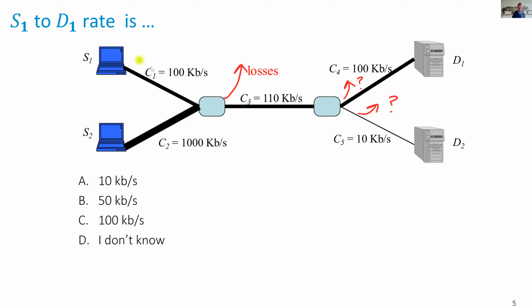So even if we lose here 50%, there is still benefit from S1 sending 100 kilobit per second and dropping 50%. Presumably S1 will repeat a lot of packets to achieve whatever goal it has, information transfer goal. So what does your computation give?